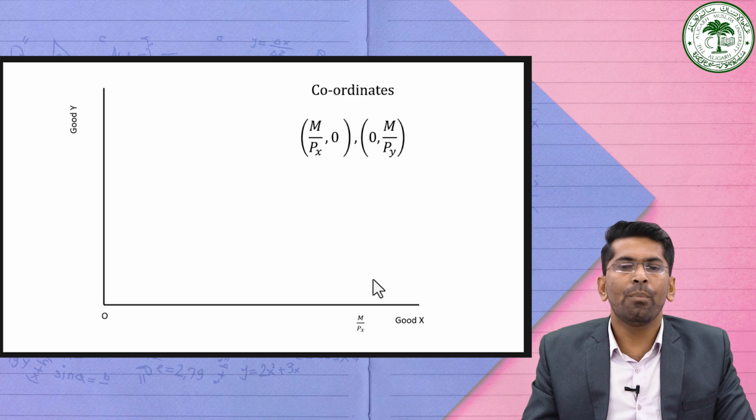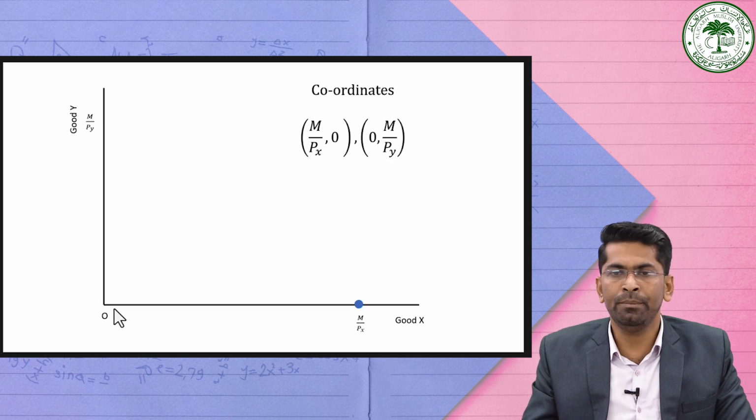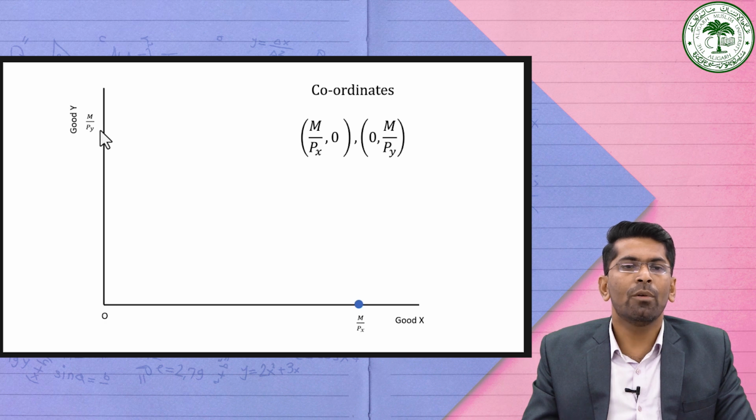See, M upon Px when Y is equal to 0, X is equal to M upon Px. I am denoting an arbitrary point here. Then I am considering the second coordinate point, M upon Py when X is equal to 0. So when X is equal to 0, our Y coordinate is equal to M upon Py. I am denoting an arbitrary point here.